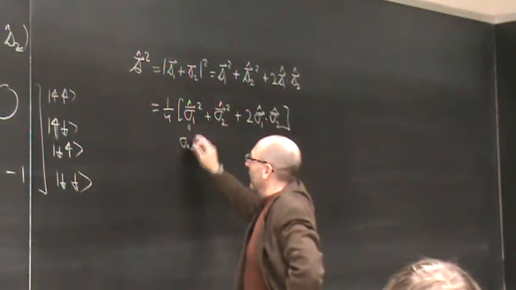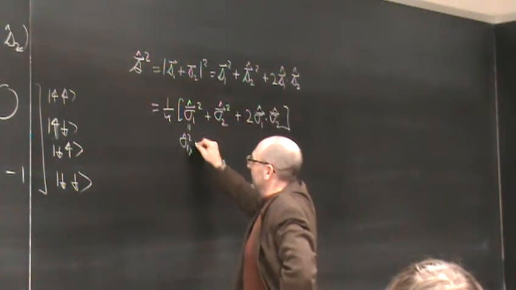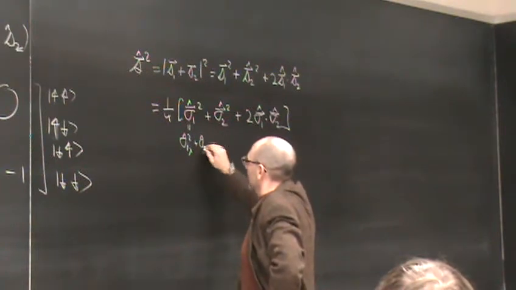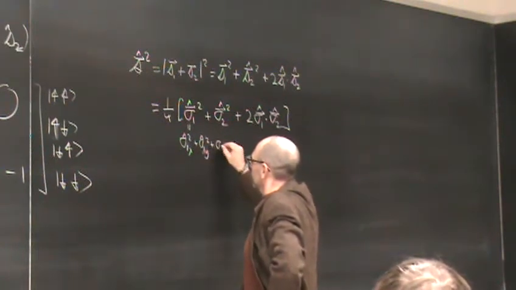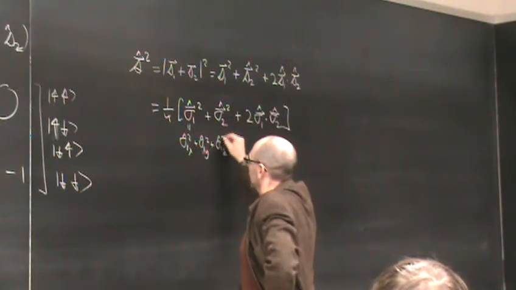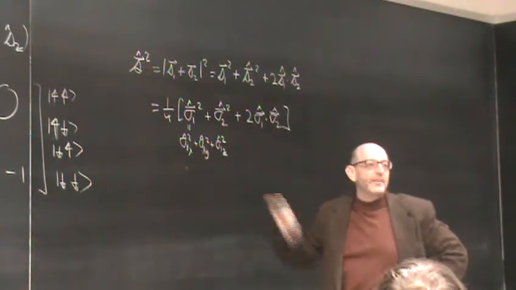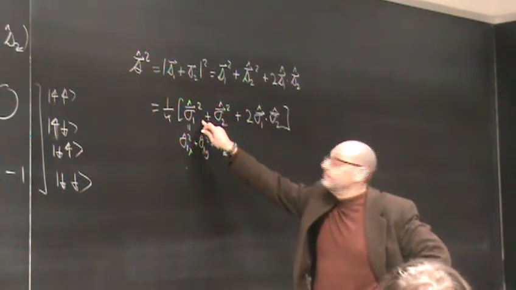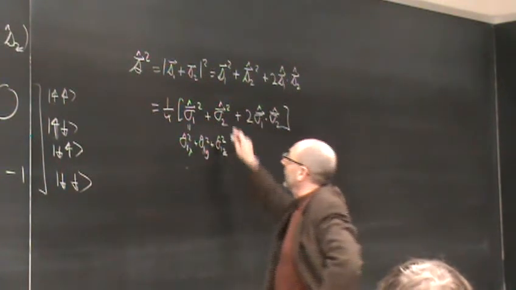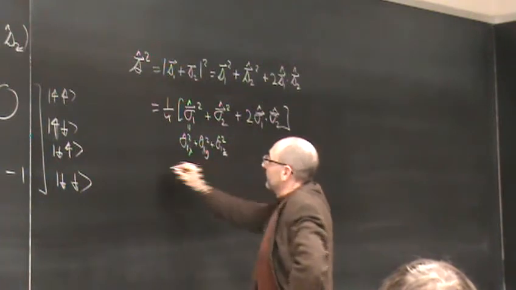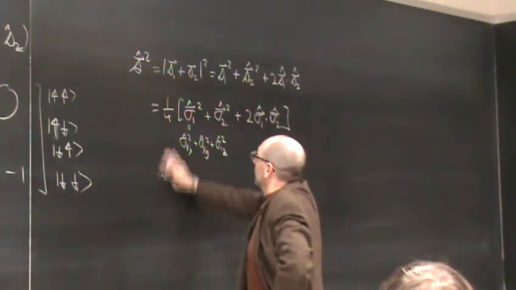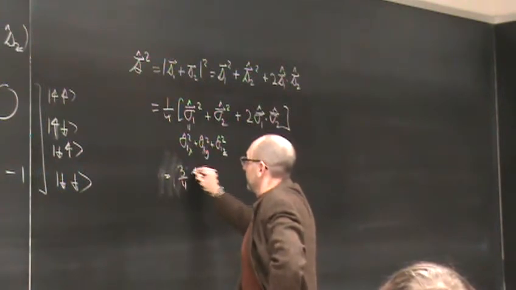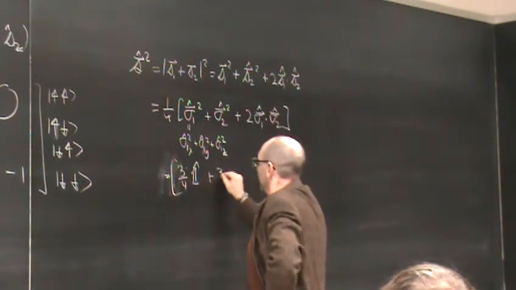This is sigma 1x squared plus sigma 1y squared plus sigma 1z squared. And each of the Pauli matrices squares to the identity. So that's 3. So we get 3/4 times the identity plus 3/4 times the identity.